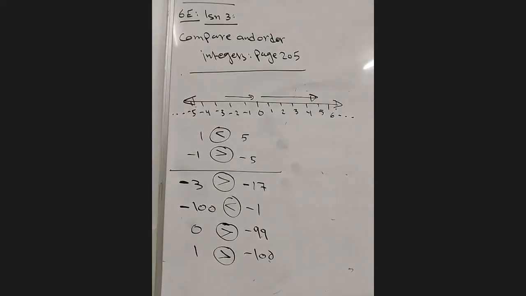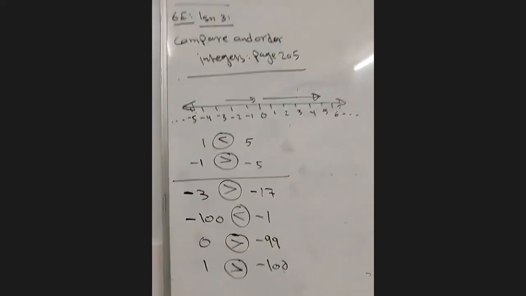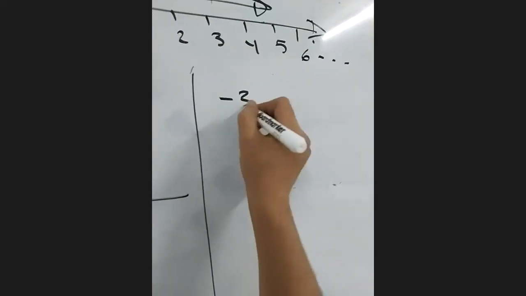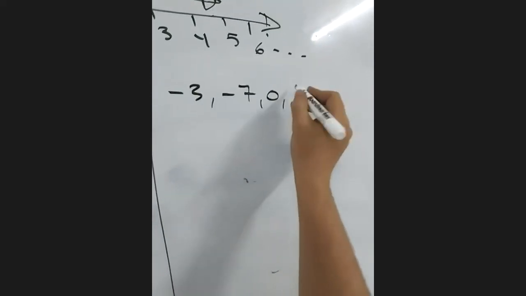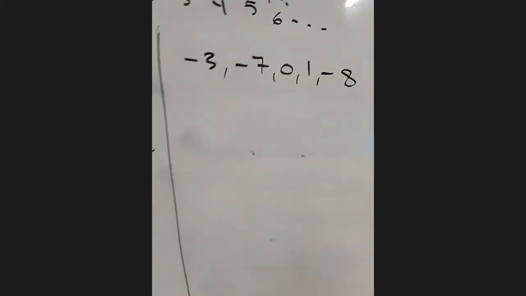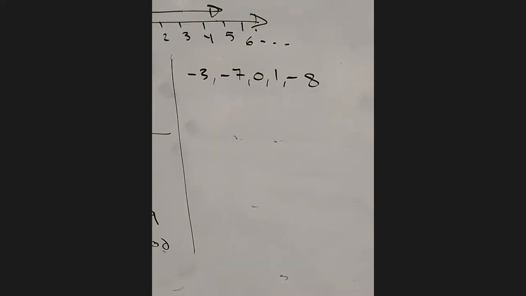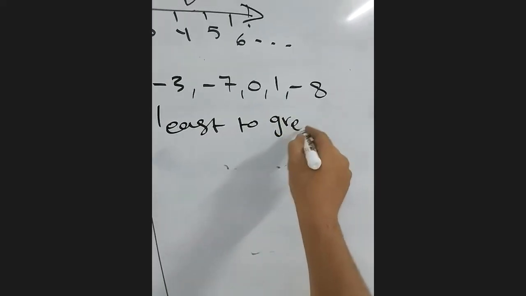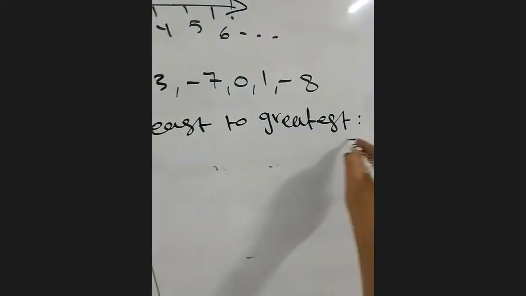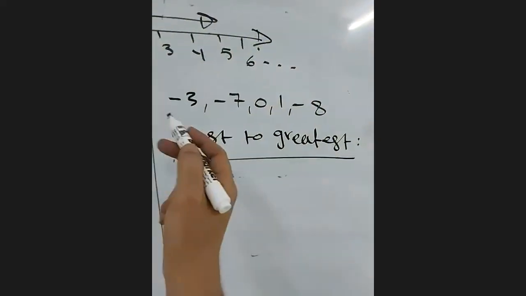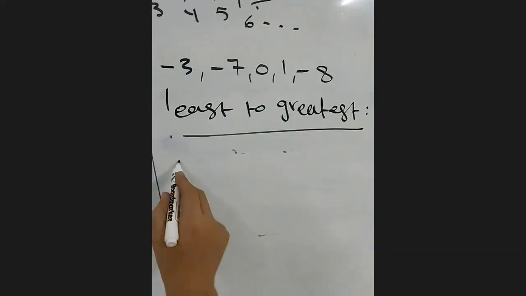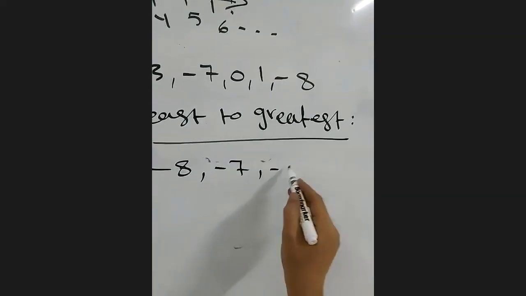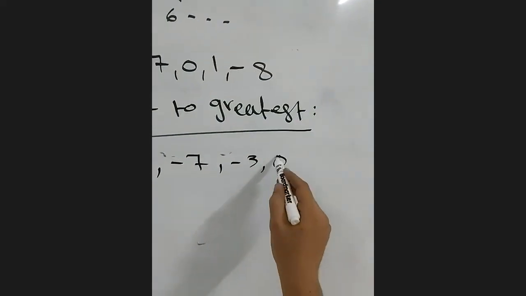And to order, guys, means to put them from least to greatest or greatest to least. For example, if we have the integers negative 3, negative 7, 0, 1, negative 8, to order them from least to greatest, the least number here is negative 8, then negative 7, then negative 3, then 0, then 1.